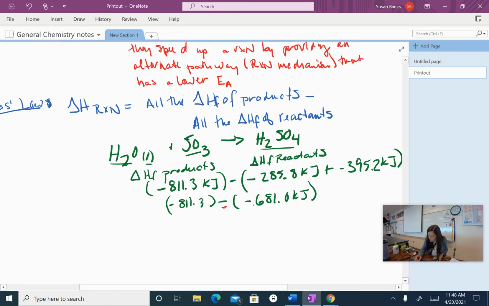Okay, so let's look at this. I have a negative of a negative right here. So if I have a negative of a negative, doesn't that make it a positive? It does. So I'm going to take negative 811 plus 681. Okay, so when I do that, I get a negative 130.3.